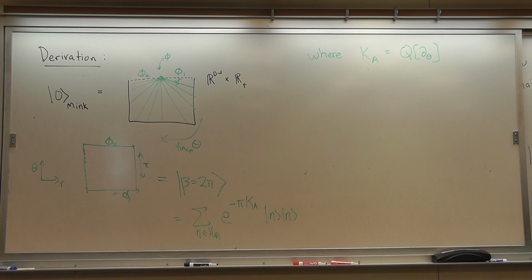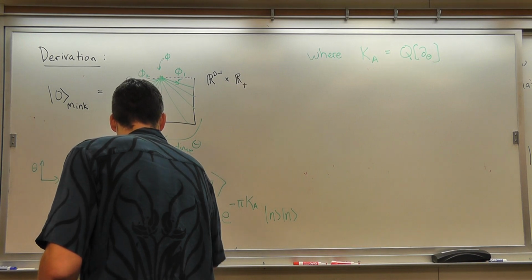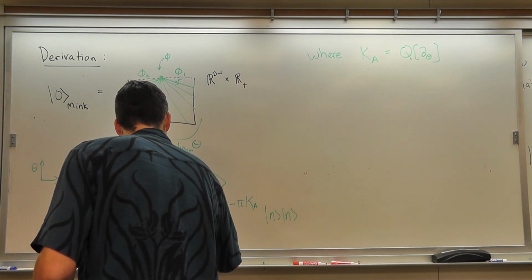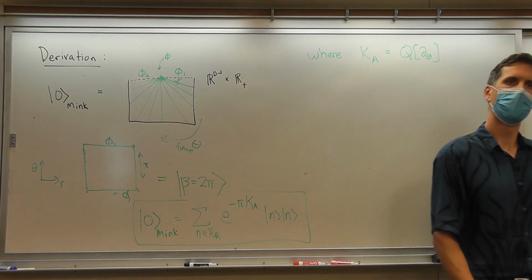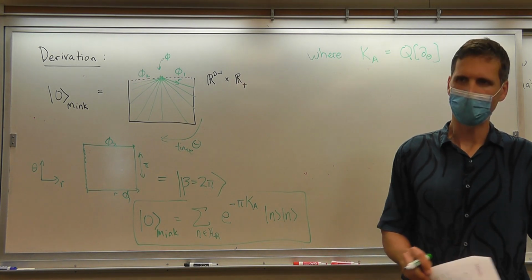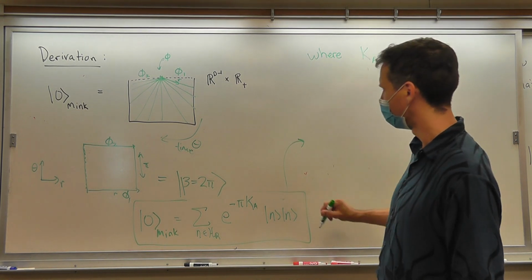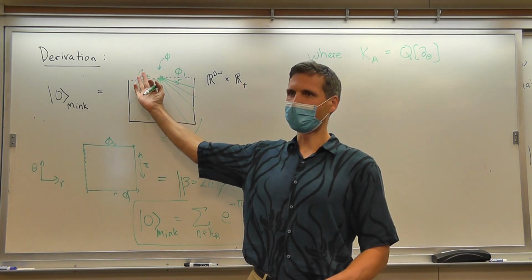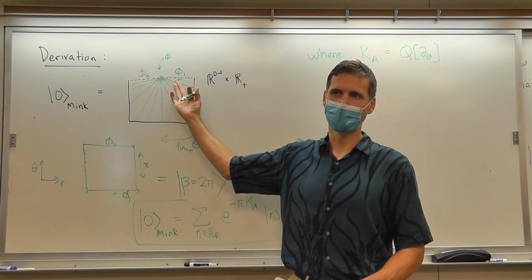Euclidean rotations, which are Lorentzian boosts. Okay, so |0> in Minkowski is this state in Rindler, which is exactly the thermofield double state, and in particular gives us back, by now taking the partial trace, we can trace out one of the Rindler regions. By taking the partial trace, we're going to get back the thermal density matrix in the other Rindler.